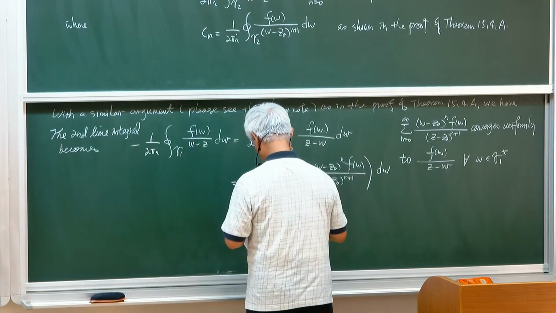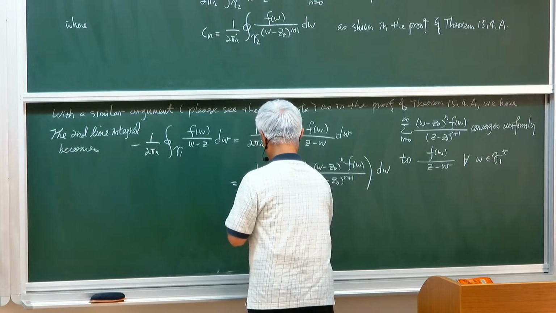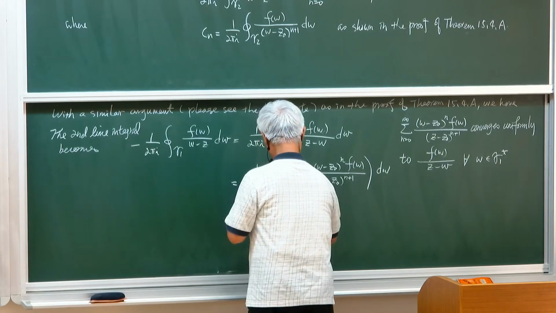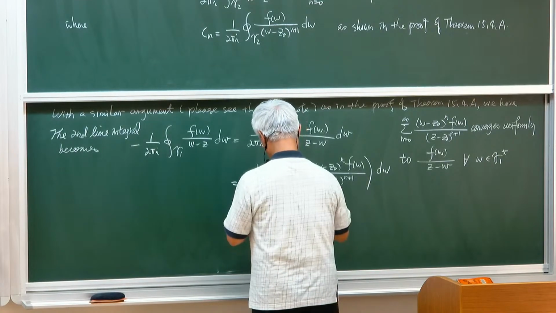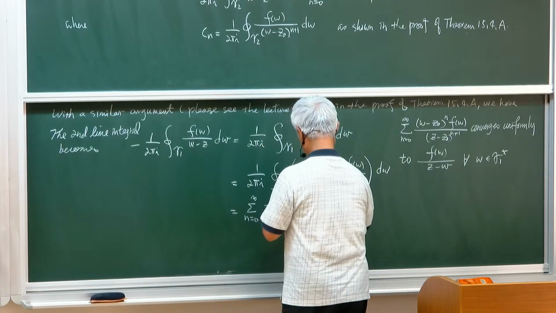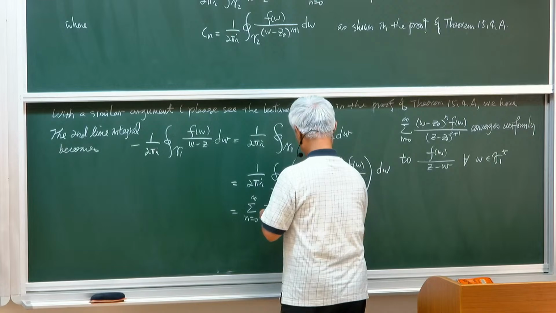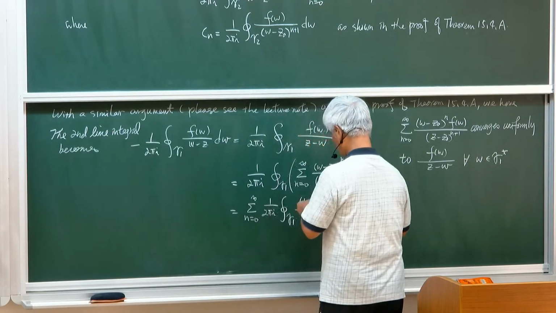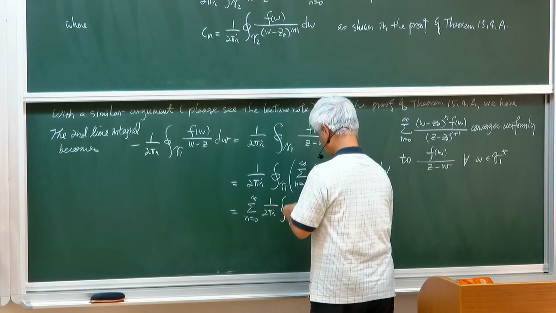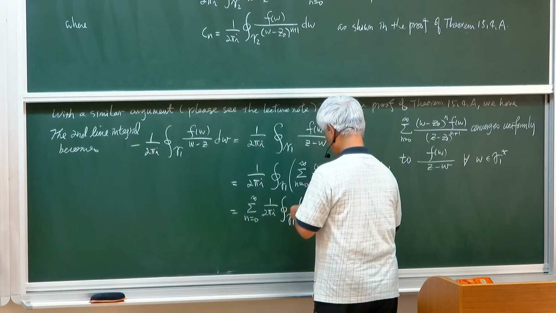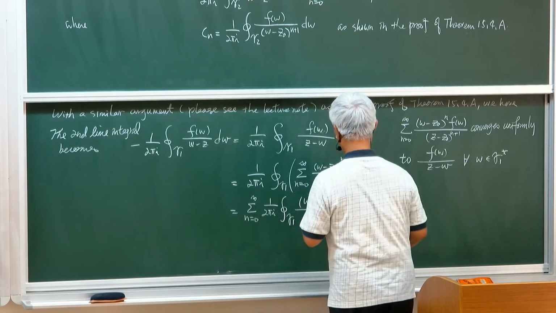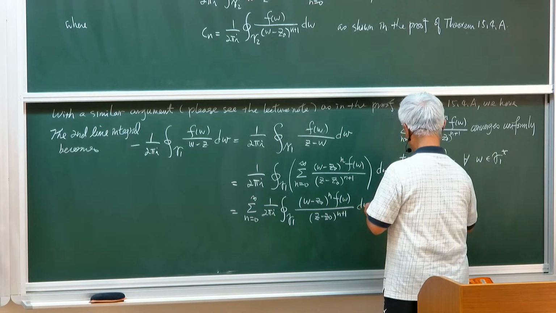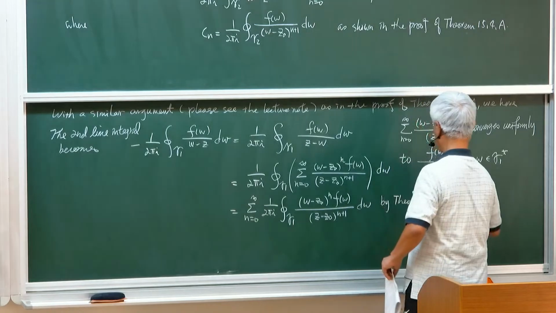So this becomes 1 over 2 pi i, the integral over gamma 1 of the sum of (w minus z0)^n f(w) divided by (z minus z0)^(n+1), dw. And this is by theorem 15.5.3.